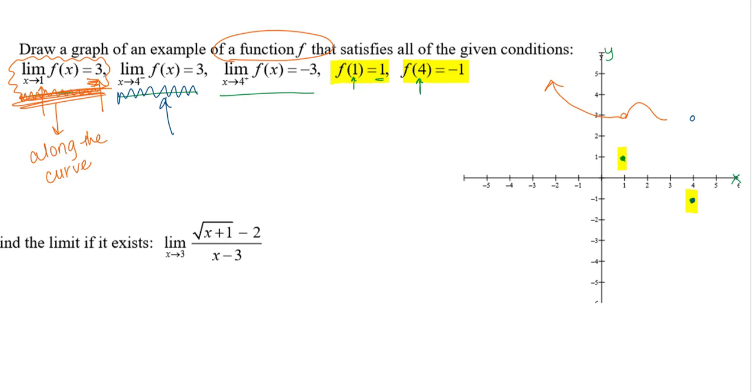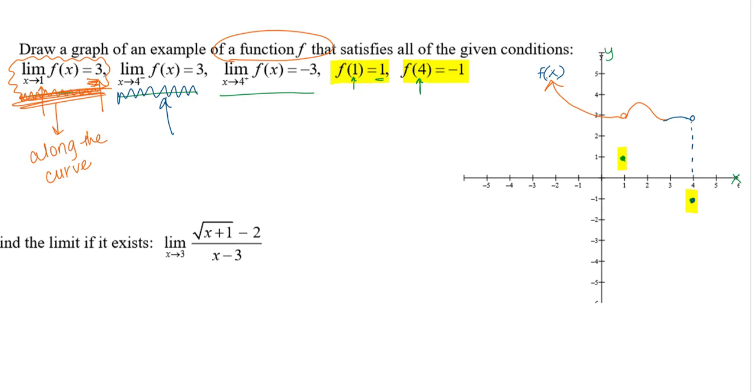And I have to be able to get there from the left. So I'm going to continue this over until it touches. And now if I'm along my curve or along my function, which I've called f, then as I go from the left and approach an x value of 4, then my output would be 3. So I've satisfied that limit.